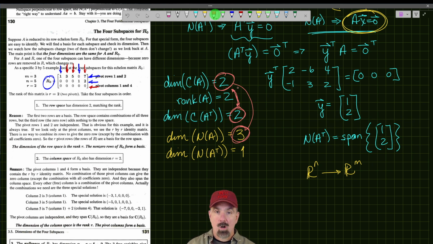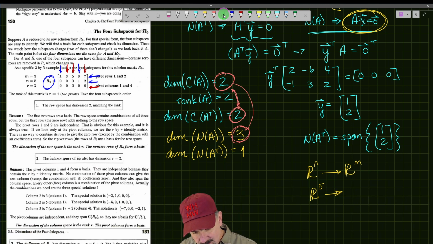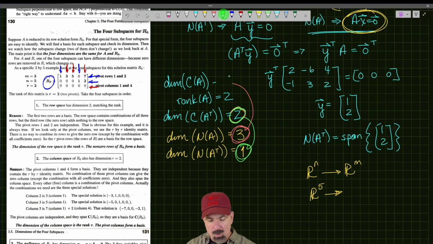It's because those two are always equal that I know that I'm mapping from R5, I get that, onto, well, what's left? What's left is the dimension of the column space of A transpose and the null space of A transpose, but again, these dimensions are the same. They're both equal to the rank.